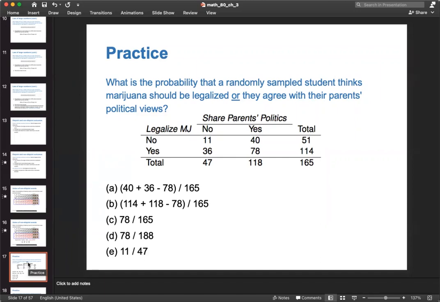Okay, let's take 1 minute to take a look at this particular problem and try to analyze it.